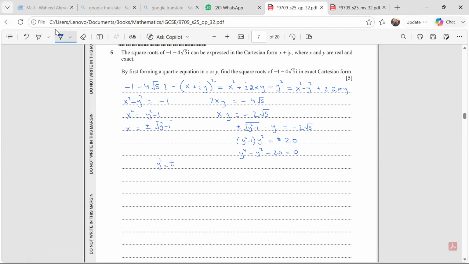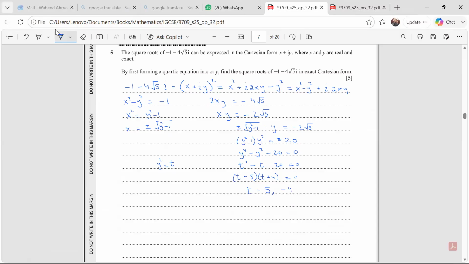This equation becomes t squared minus t minus 20 equals 0. When we solve it, it gives the factors t minus 5 and t plus 4. If you multiply it, this will be negative and negative. This gives the solution t is equal to 5 or -4.